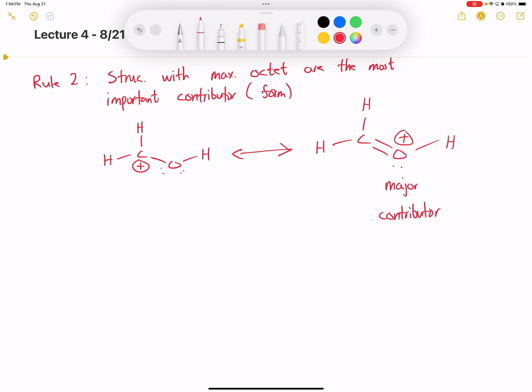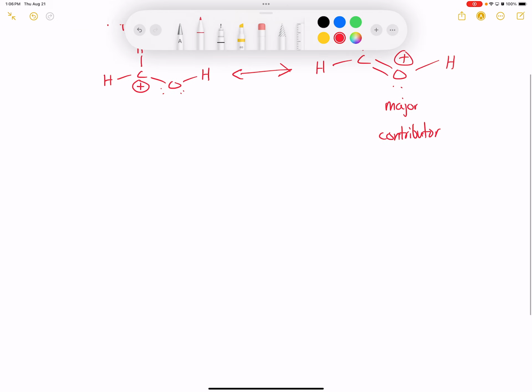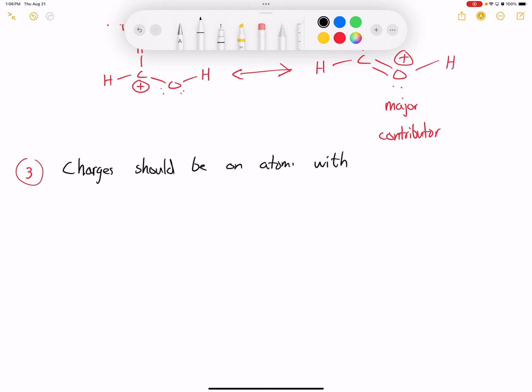Now, that's rule number 2. Let's go to rule number 3. What about charges? Do you remember how charges play a role in the resonance structures? Charges should be on atoms with the appropriate or the correct electronegativity.